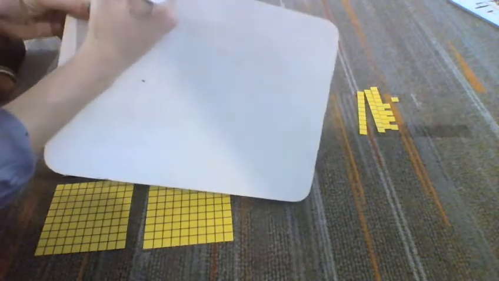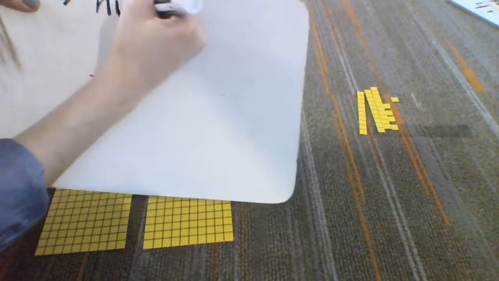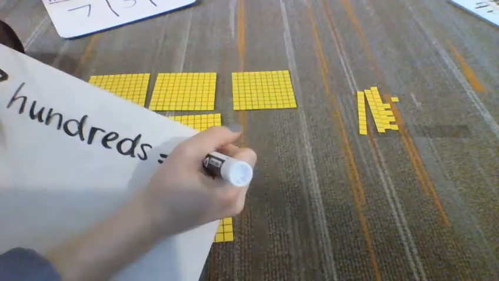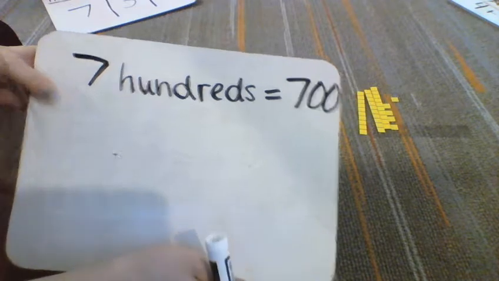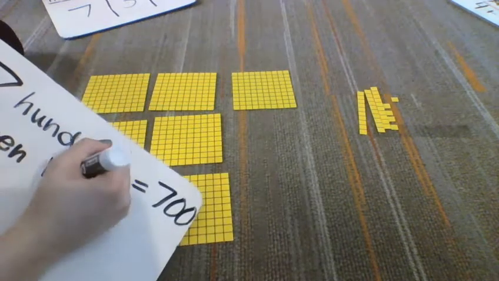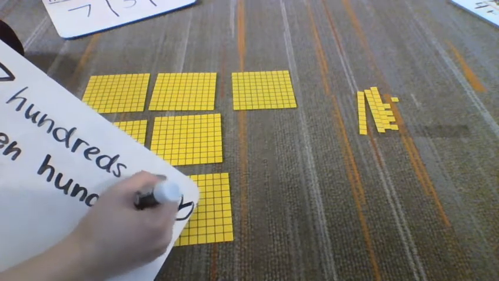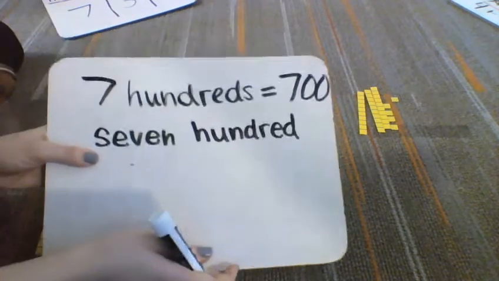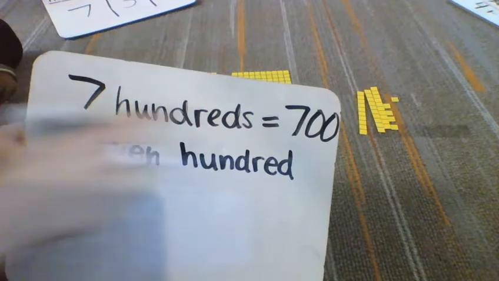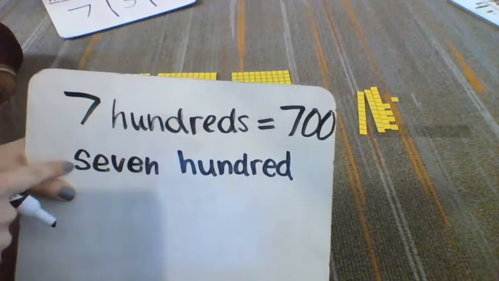So I'm going to write 7 hundreds equals, and if you were to write this using numbers, it would be 700. If I were to use words, I'm going to write out the word seven hundred. This is how I would write it using words. This equals 700, and this also equals 700. We're just using words to write it.